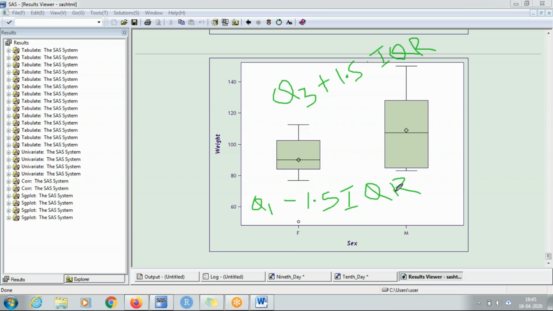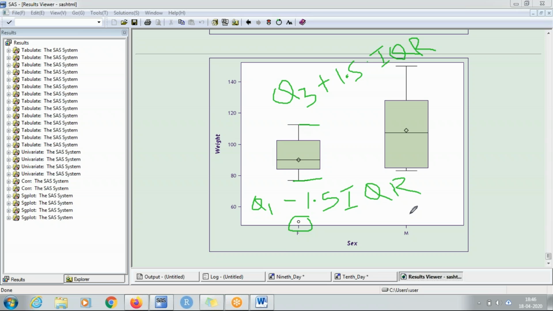I will put the value in this formula and then I will get to know who is an outlier. And this is how these whiskers have been calculated. These are the boundaries. So this value is an outlier because it is lesser than 1.5 IQR from quartile 1. So the second one is clear.